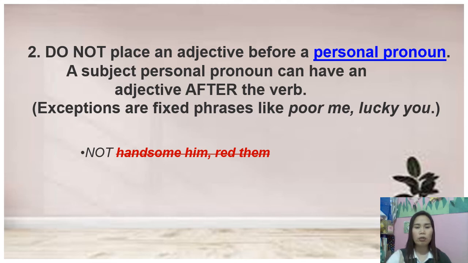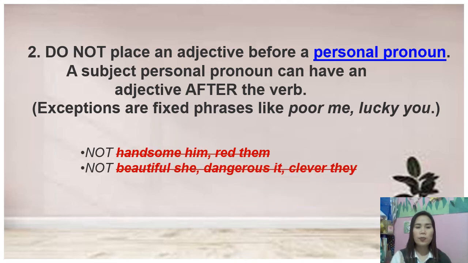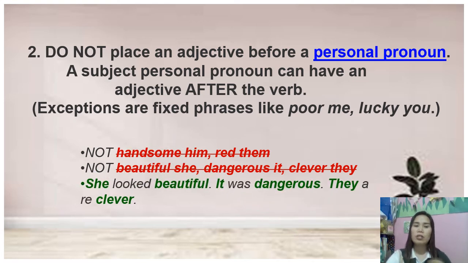So that is wrong. Also, beautiful she, dangerous it, clever they. So those are wrong. Okay, so instead you have to say she looked beautiful, it was dangerous, they are clever. So if you have noticed, the adjective is placed after the verb. All right, okay.